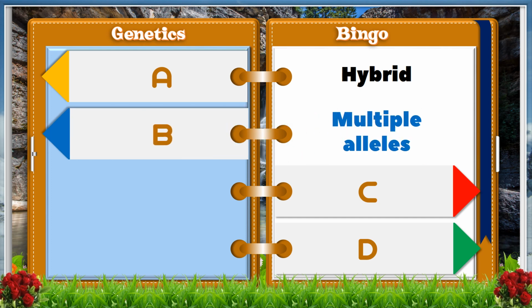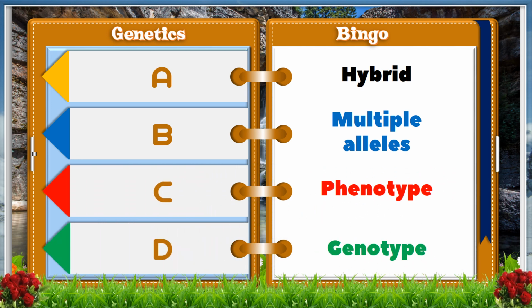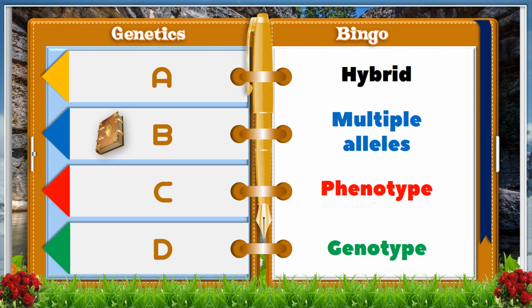B. Multiple alleles. C. Phenotype. D. Genotype. And the answer is B. Multiple alleles.